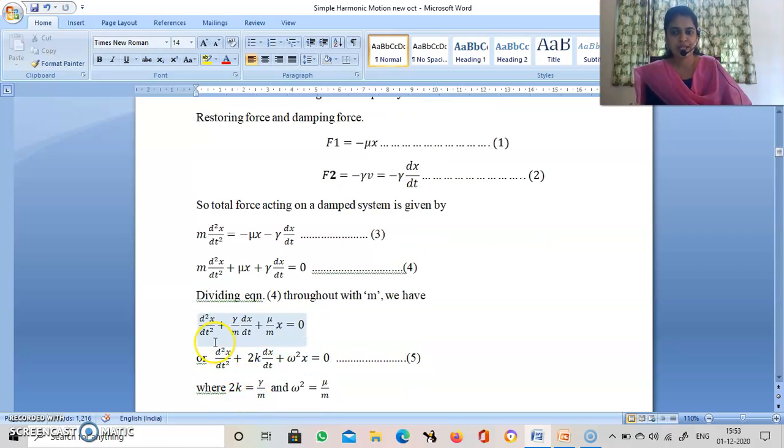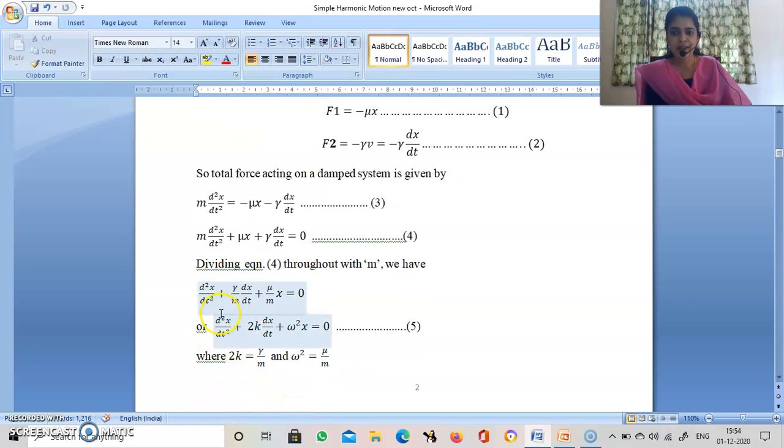After division, we get d square x by dt square plus gamma by m dx by dt plus mu by m x is equal to 0. Now I am putting the constant gamma by m as 2k and mu by m as omega square. So finally I get the equation d square x by dt square plus 2k dx by dt plus omega square x is equal to 0.